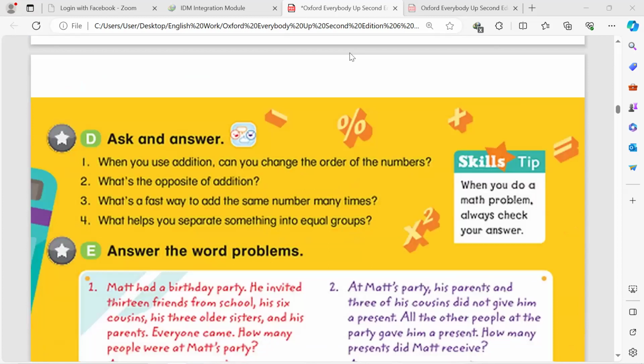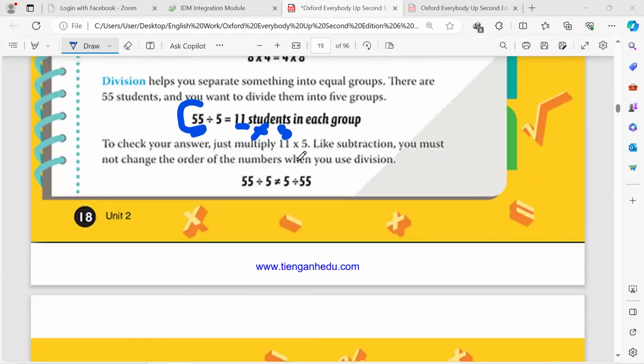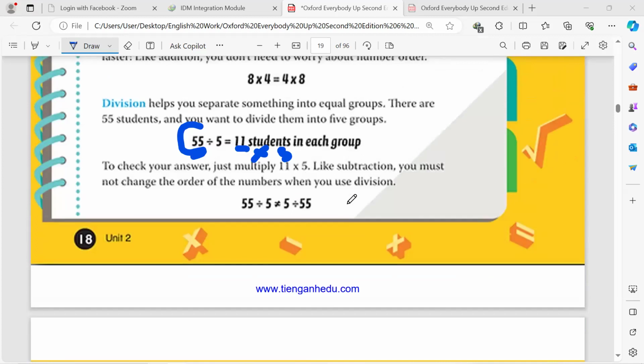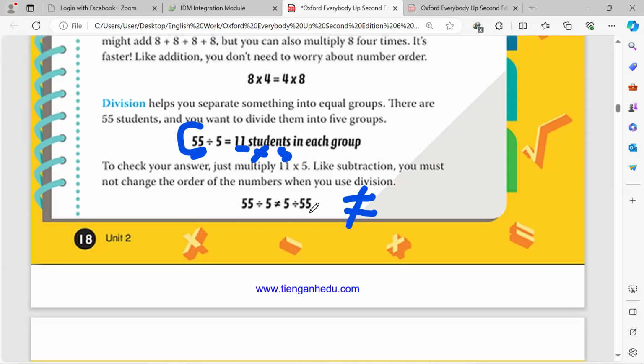Not equal to. It means not equal. 8 into 4 and 4 into 8, they get the same answer. 8 into 4 is 32, and 4 into 8 is also 32, so they are equal. 8 into 4 is equal to 4 into 8.